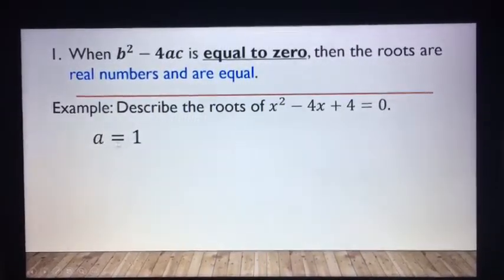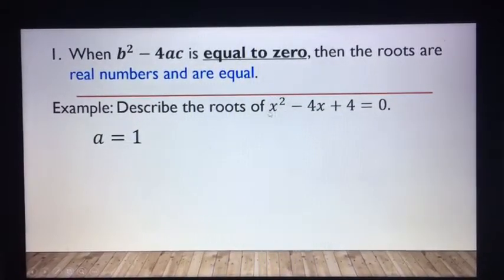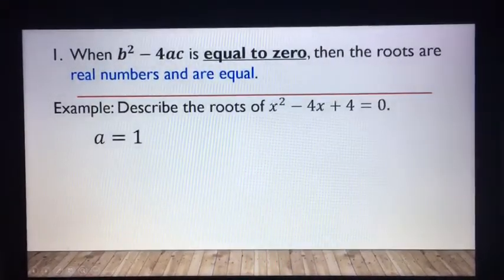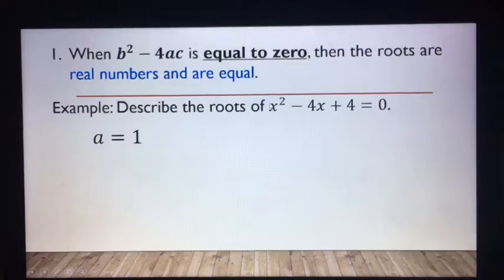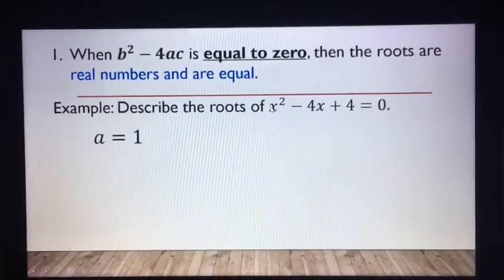So, A is 1. Where did the 1 come from? It came from the numerical coefficient of our quadratic term. The question is, ma'am, I don't see a 1 there. When there is no number there, except for the exponent, it is understood that the numerical coefficient is 1. Okay, so A here is 1.